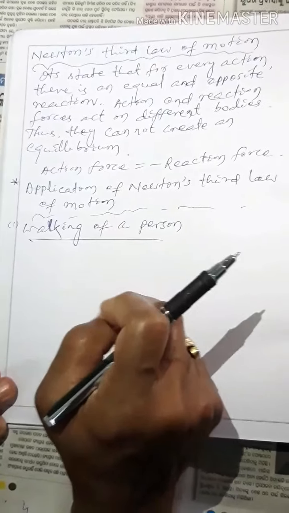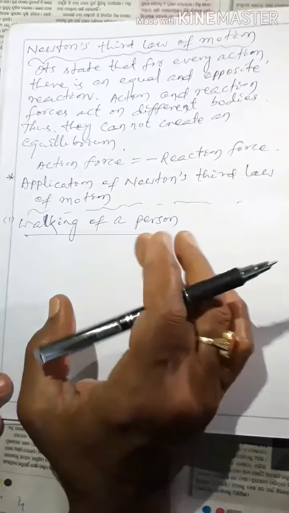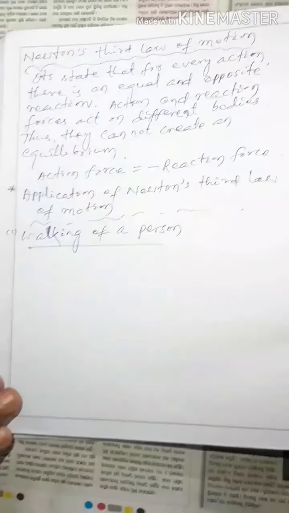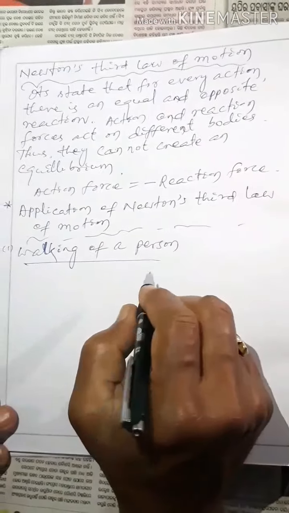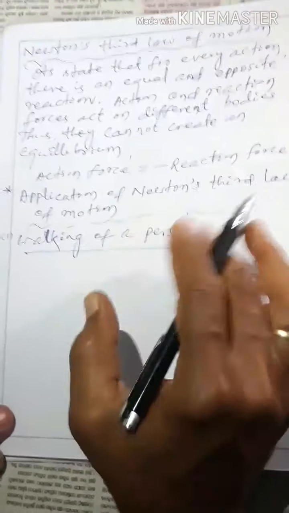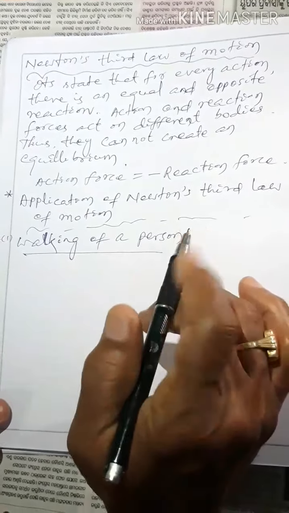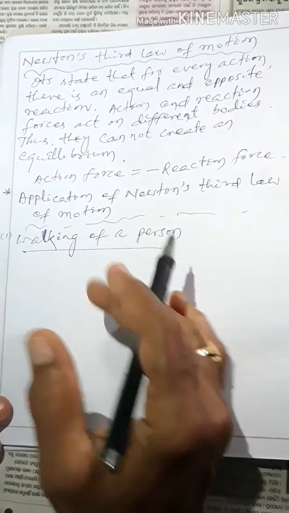A person is able to walk on the ground because of Newton's third law of motion. During walking, a person pushes the ground in the backward direction.